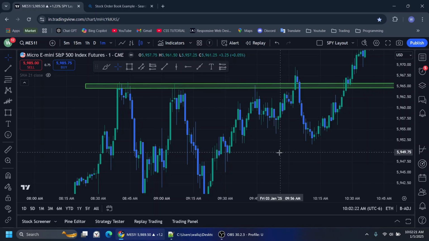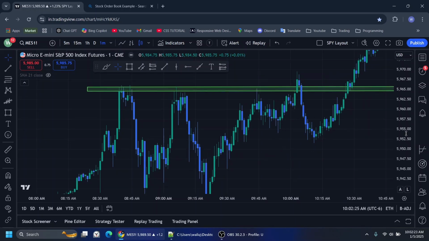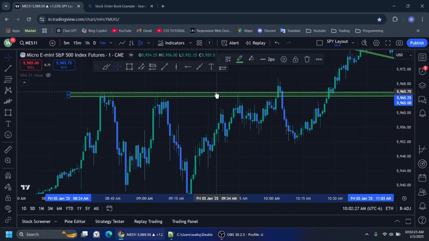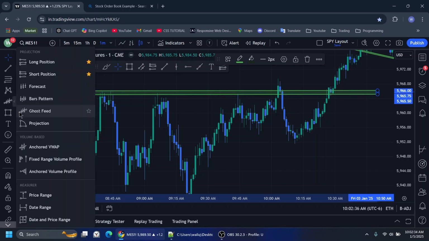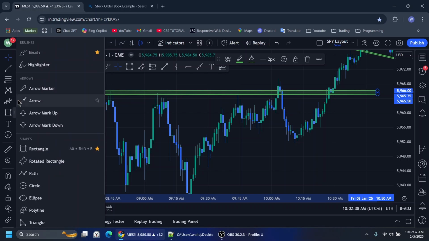A lot of the time you're gonna see these trend lines, or these support or resistance zones. Let's say this is the zone. So if I bring that up, this tool.